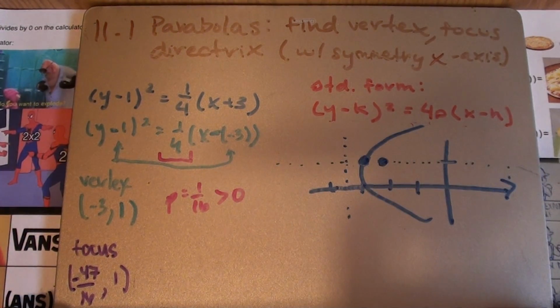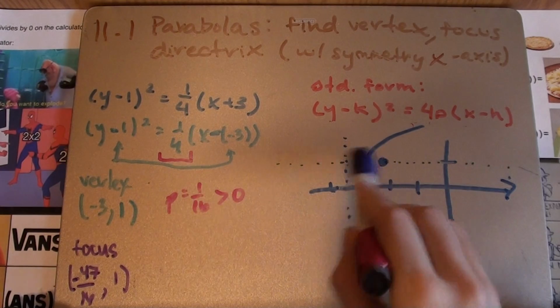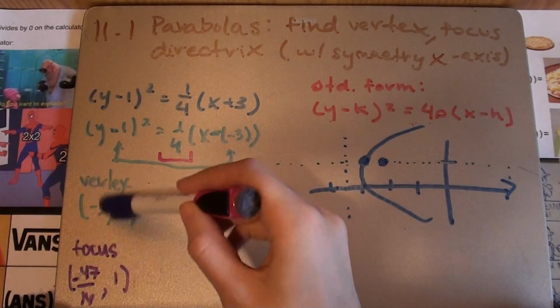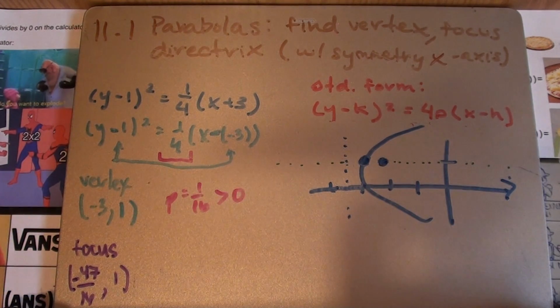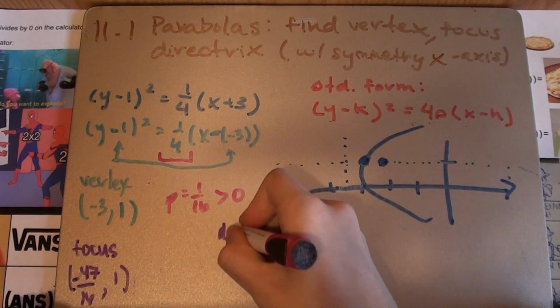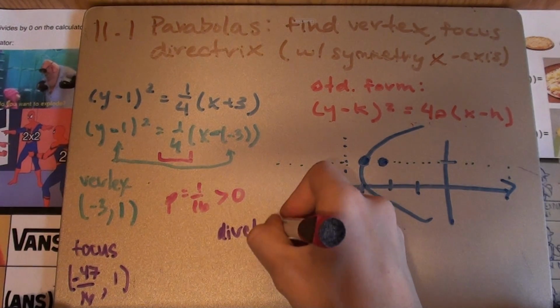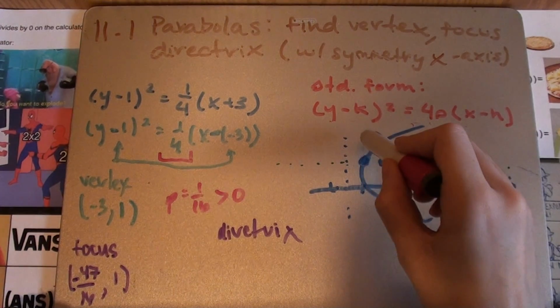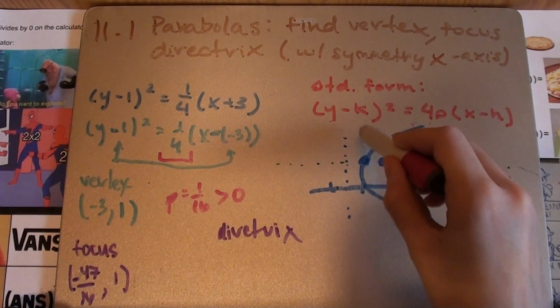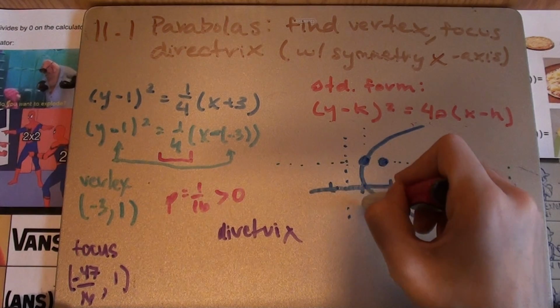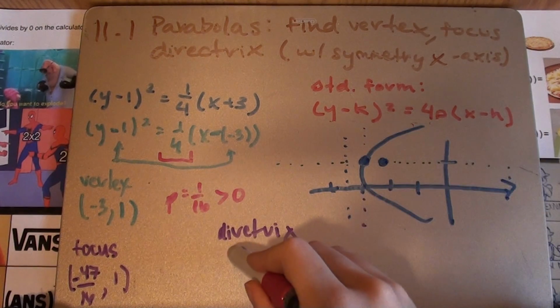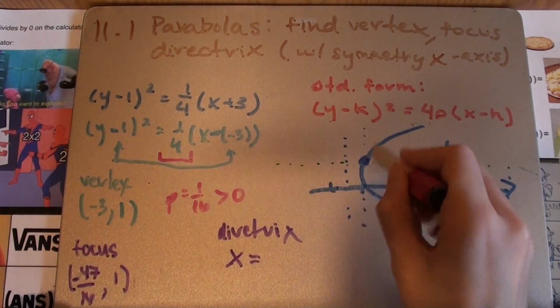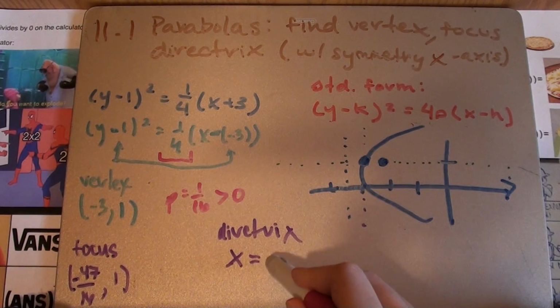So our directrix is a line, is the difference, right? For our focus, we used our vertex point, and from there we just added our 1/16 to our -3, right? Our directrix is actually a line. So if we were to graph the line that goes through our vertex, this line right here, we know it's going to be x equals, because our x value is going to stay the same, and it's just going to be -3, right?